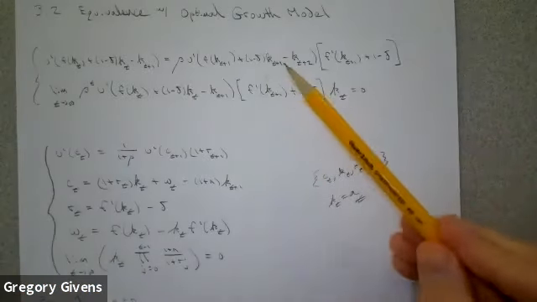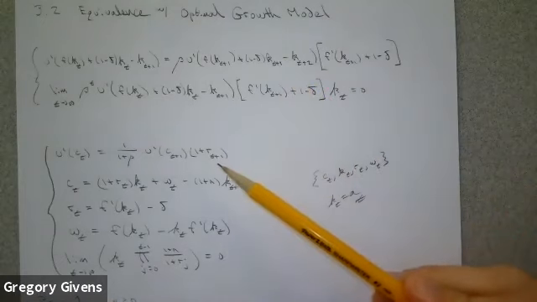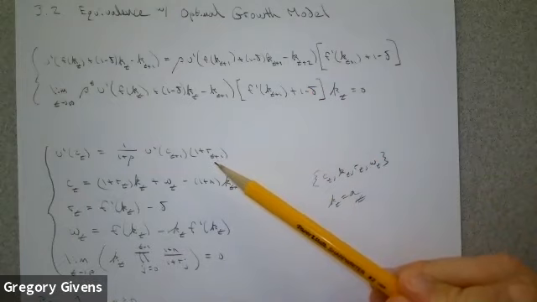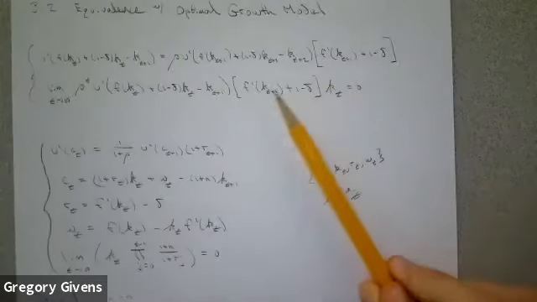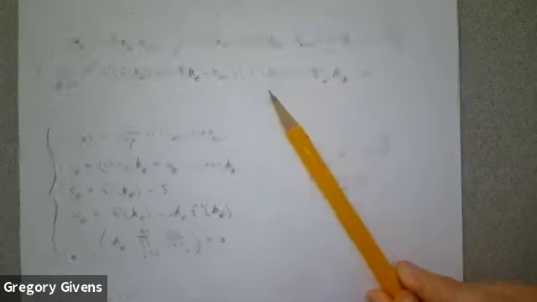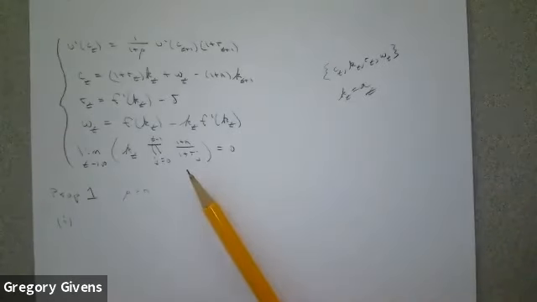We need to prove that the Euler equation from the optimal growth model is equivalent to the Euler equation from the Ramsey model. But that's not sufficient. The other thing we have to prove is that the transversality condition from the optimal growth model is equivalent to the no-Ponzi-game condition. If we can establish that, then the two models have to be the same in equilibrium.